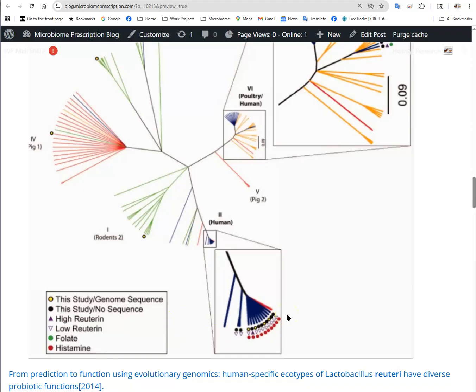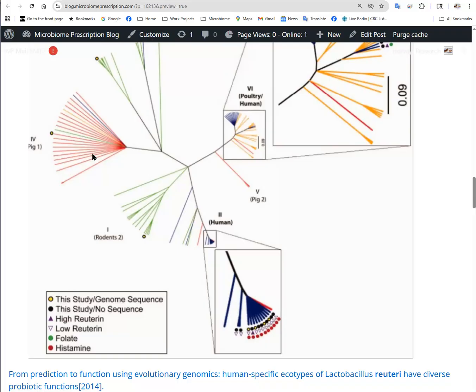And the question is, okay, you buy Lactobacillus reuteri off your health food store, and you get sick because the manufacturer happens to use a Lactobacillus reuteri which originated in a pig. They didn't care about the origin, because Lactobacillus was a magic word to use.